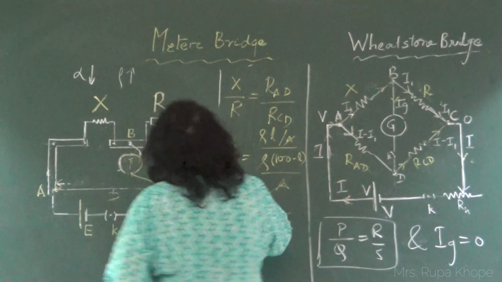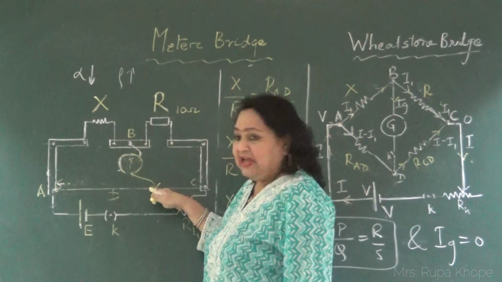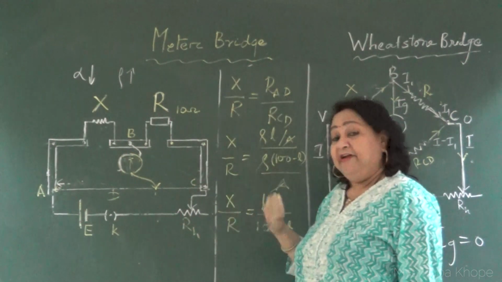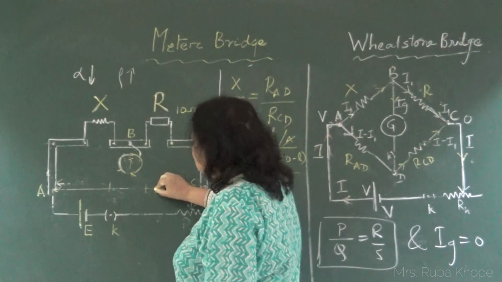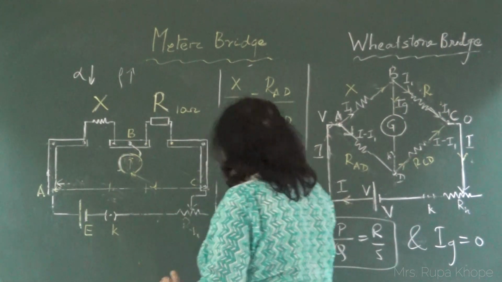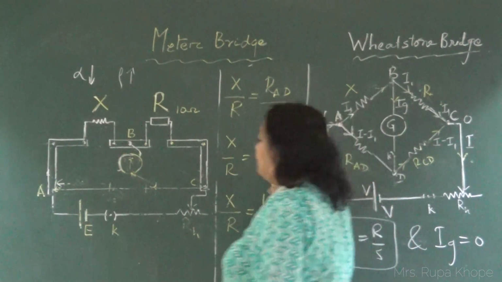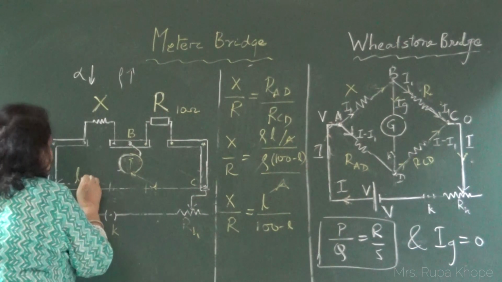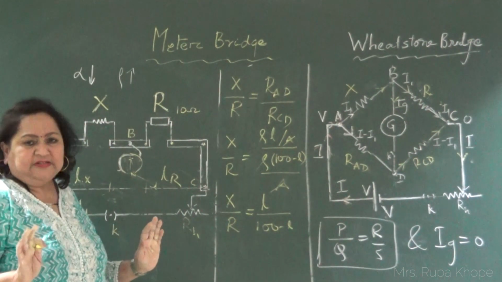So now what I do is, when I touch the jockey here, L is say 70. So what will be 100 minus 70? 30. When I remove 10 ohms, I got 70. I know one thing. What I know? X is directly proportional to length. So suppose instead of 100 minus L, I call this length as Lx and this length as Lr for convenience.